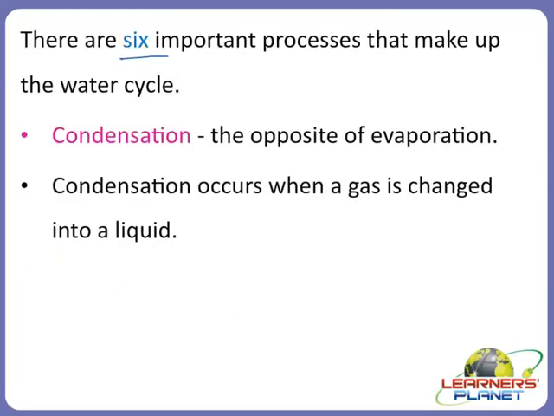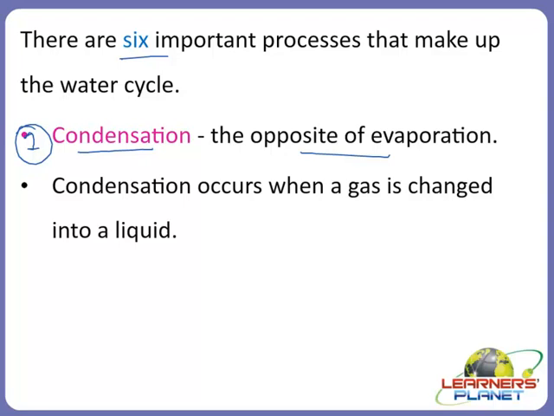Yes, there are 6 important processes that make up the water cycle. The first one is condensation, which is the opposite of evaporation, right? Condensation occurs when a gas is changed into a liquid.